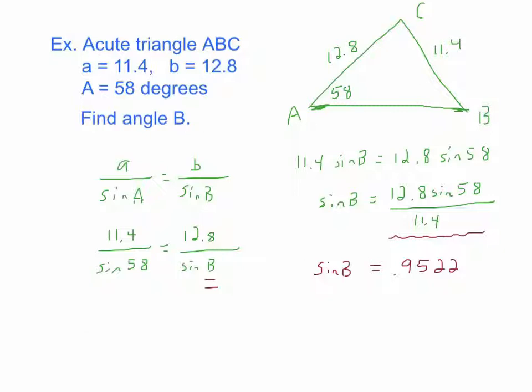And if you look on your calculator, above the buttons for sine, cosine, and tangent, you'll see in blue the inverse trig notation. So that's what we want to use to help actually solve for what this angle B is. And if we therefore hit second sine on our calculator of 0.9522, we'll get the angle solution, which when rounded is 72 degrees.